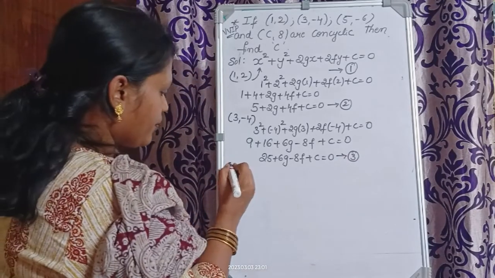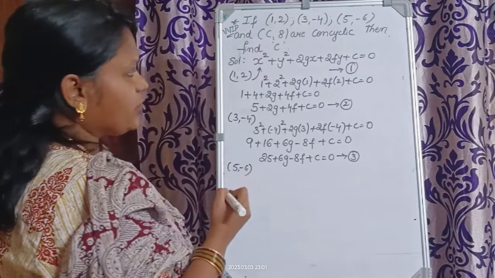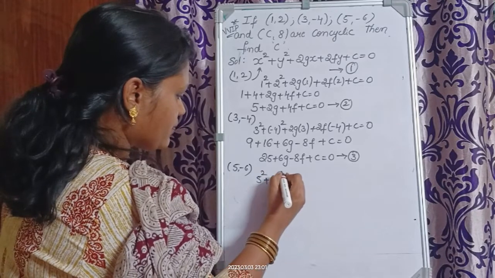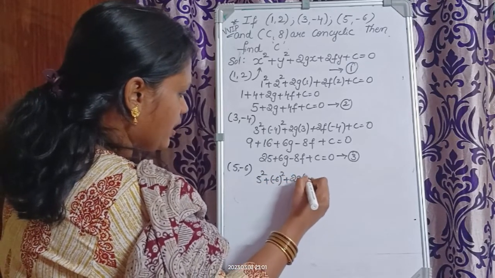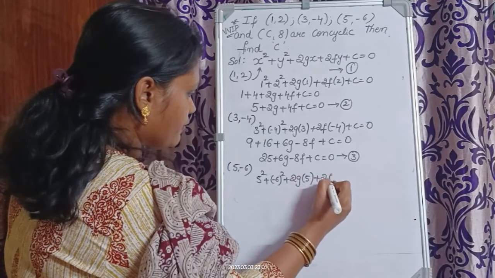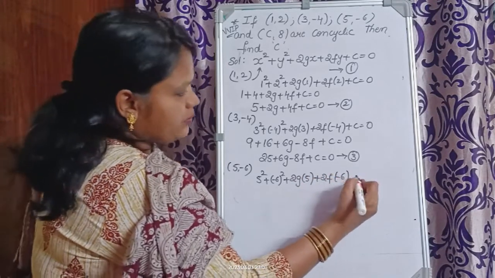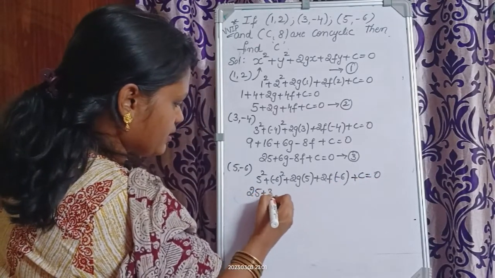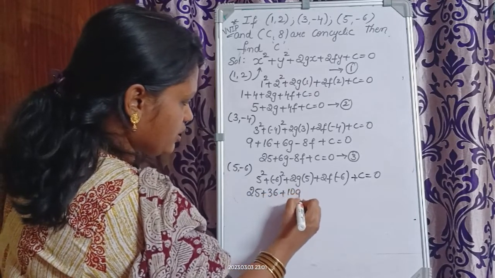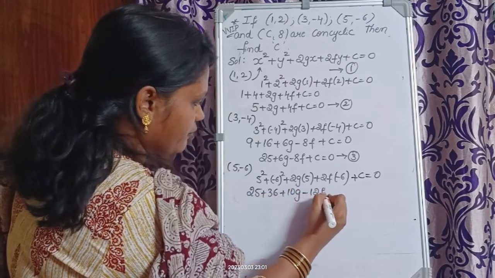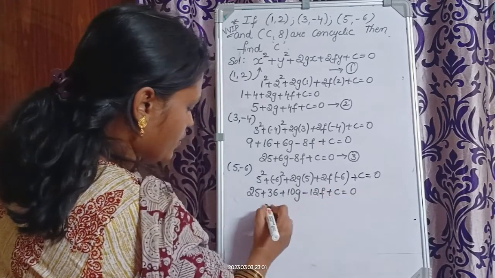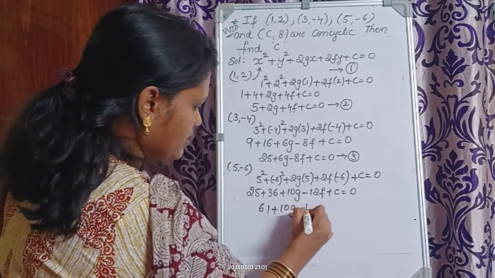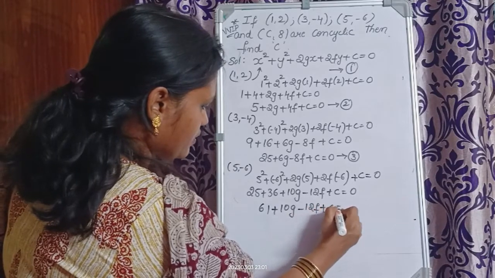Similarly, point (5, -6) lies on equation 1, which implies 25 plus 36 plus 10g minus 12f plus c is equal to 0, or 61 plus 10g minus 12f plus c is equal to 0. I call this equation 4.